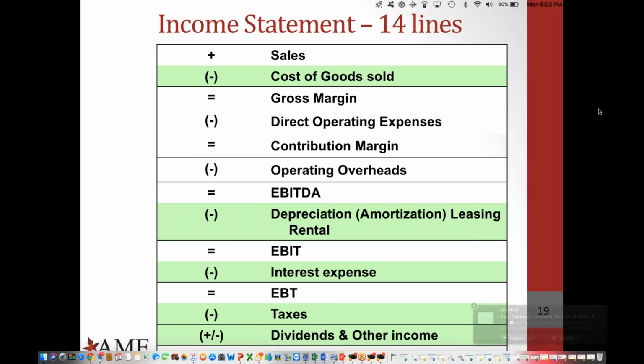We subtract that off. Lots of people get the EBITDA by going backwards from profit, but I like to do it forward. So we subtract that off, and that gives us EBITDA.